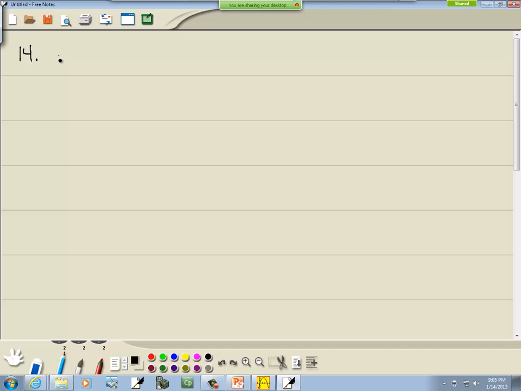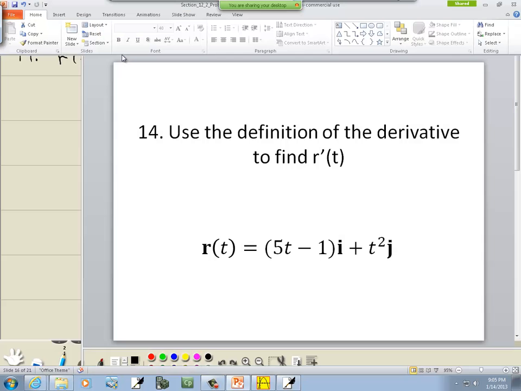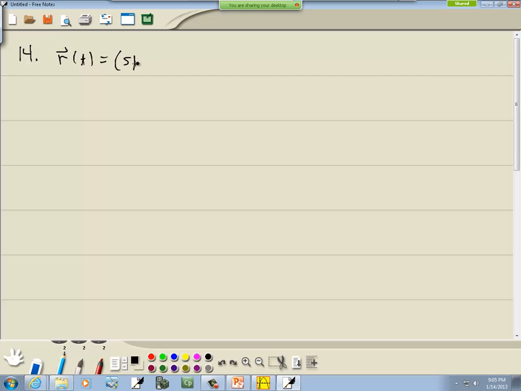Okay, so we've got r is equal to 5t minus 1 i plus t squared j. Now we need to find r of t plus delta t. So we're going to go through and put t plus delta t in everywhere we have a t in our problem up here. So we're going to have 5 times t plus delta t minus 1, that's i.